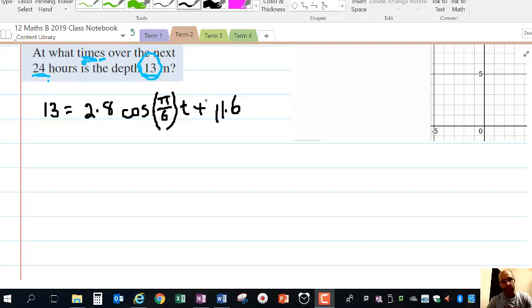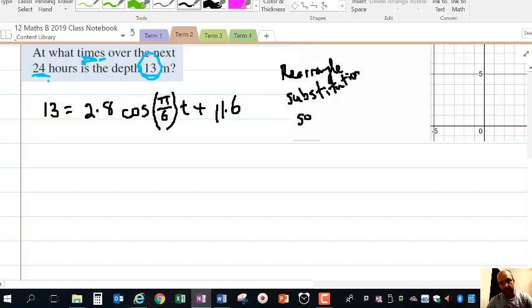We're expecting this to just be a regular trig equation where we're going to have to rearrange. We're going to have to make a substitution because it's got a b value. We're going to solve and then unsubstitute, if that's a word, and then we're going to generate solutions because there is more than one solution.